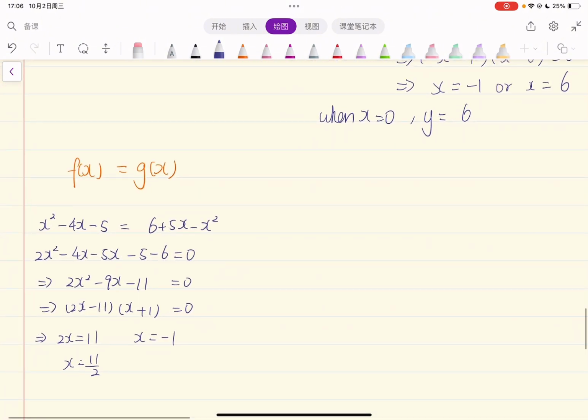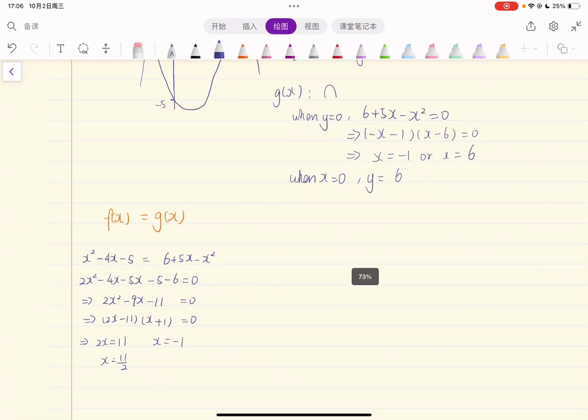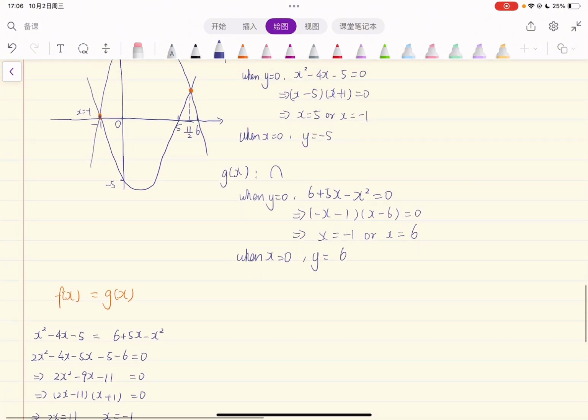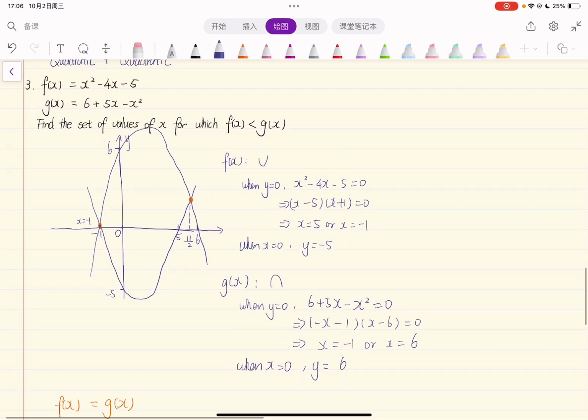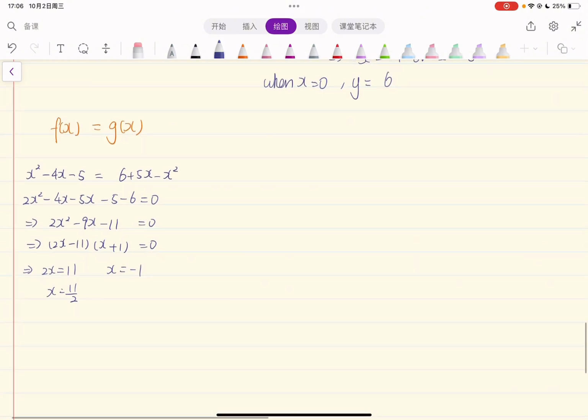To solve inequalities, we usually only find the x coordinates. It's not so important to find the y coordinates. Now, the question asks you to find f(x) less than g(x). So what does it mean?